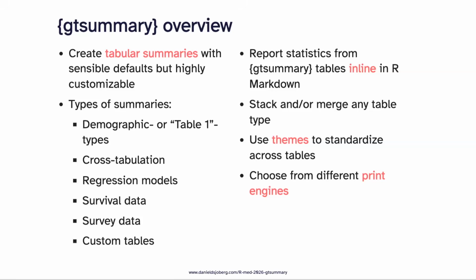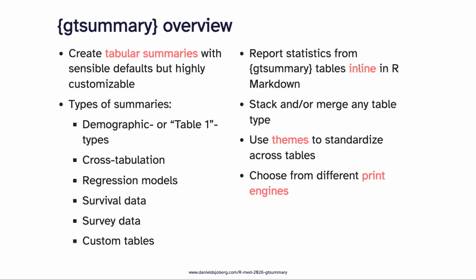What I found my team and us doing quite frequently at Sloan Kettering was making summary tables of results from studies, and then we would write summaries of our reports in R Markdown or Quarto, and we were constantly referring to the tables to report the odds ratios, the hazard ratios, the proportions in the text.